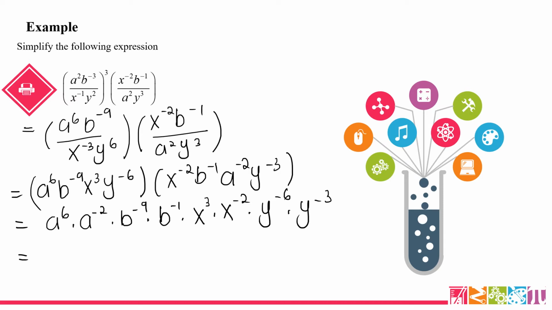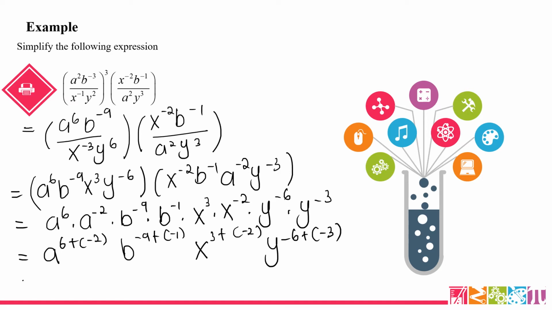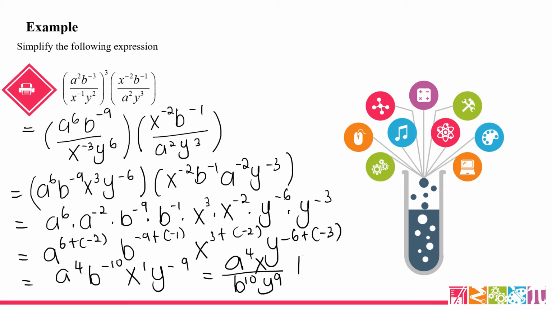Use the rules of indices. Final answer, we can write down as a power of 4 x over b power of 10 y power of 9.